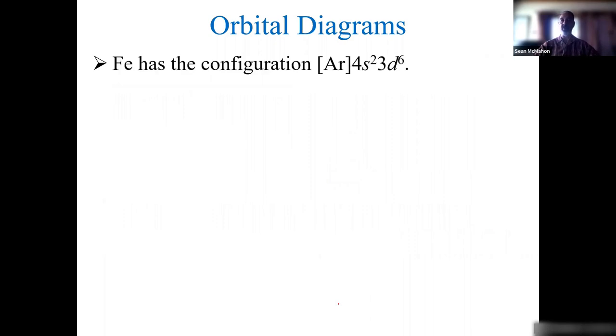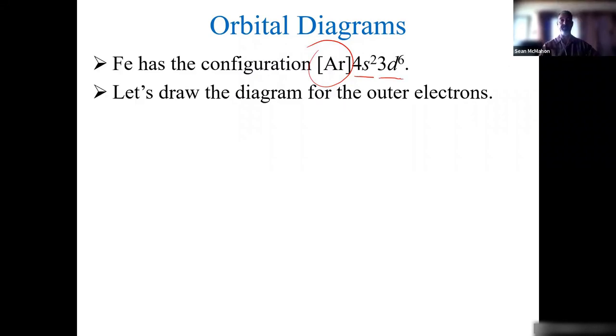So what about iron, which has the condensed configuration, and we did this one earlier, of argon 4s2 3d6. The argon's representing the core electrons. So when we do orbital diagrams, we don't need to draw all those boxes. We're only going to focus on the valence electrons, which is the 4s sublevel and the 3d sublevel.